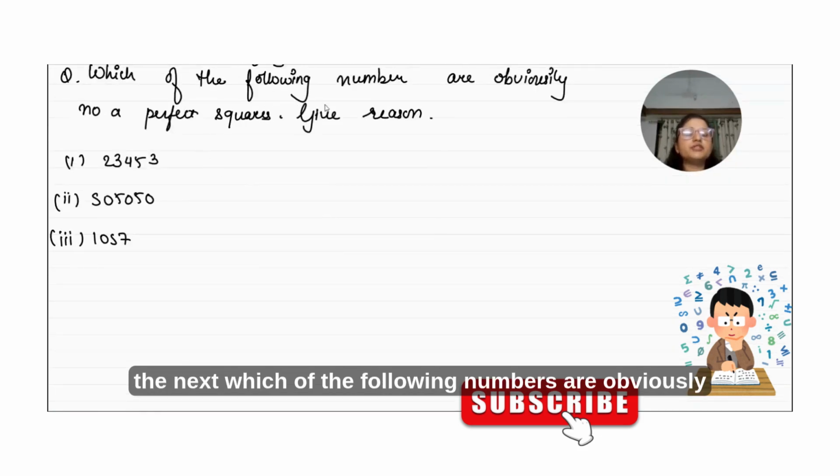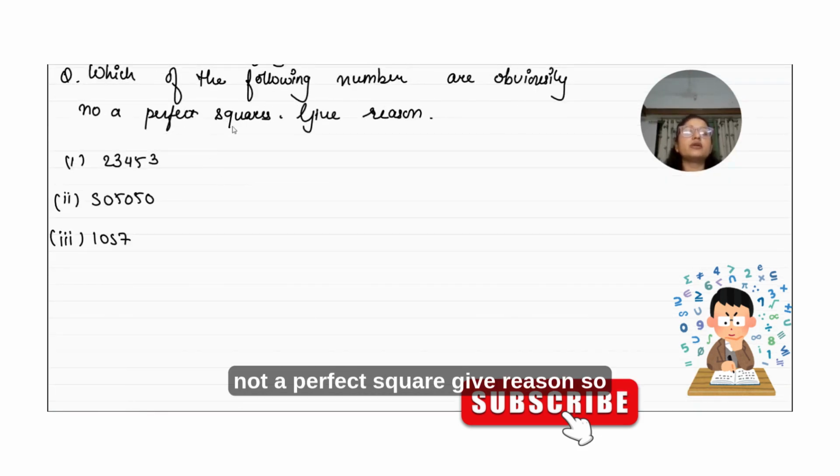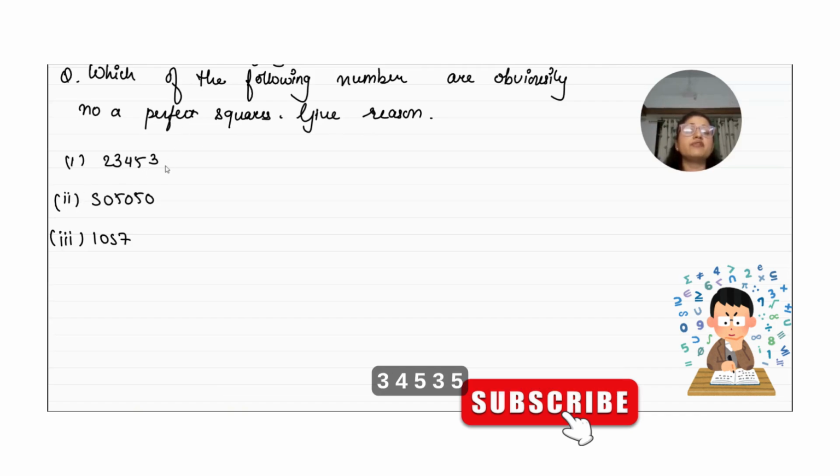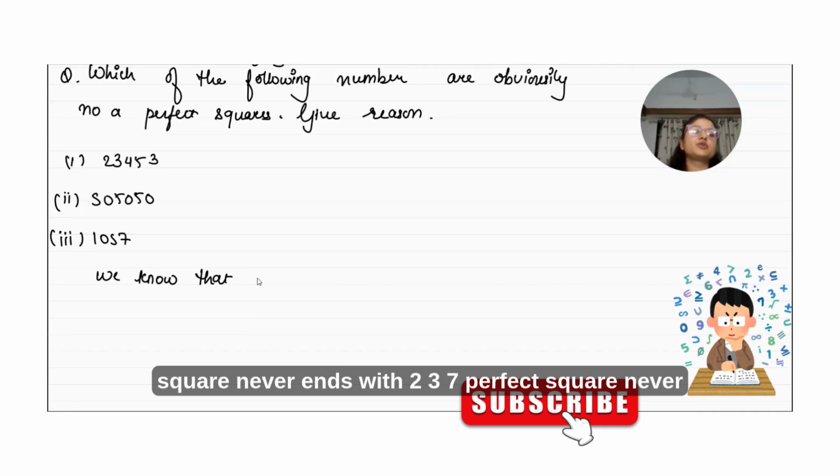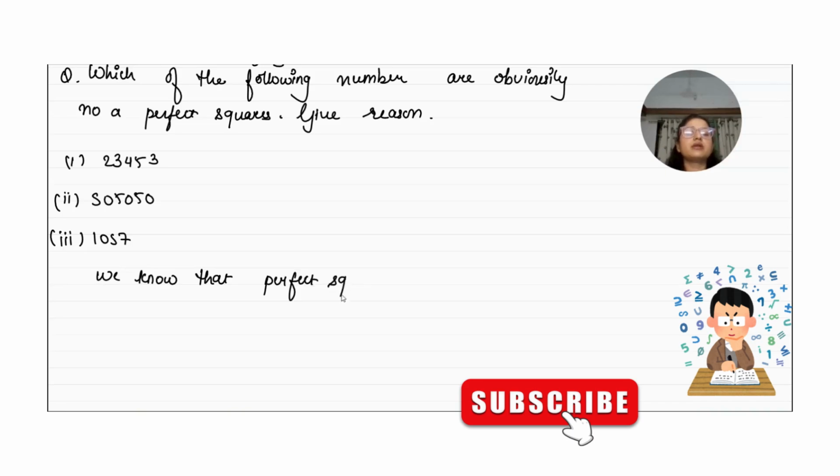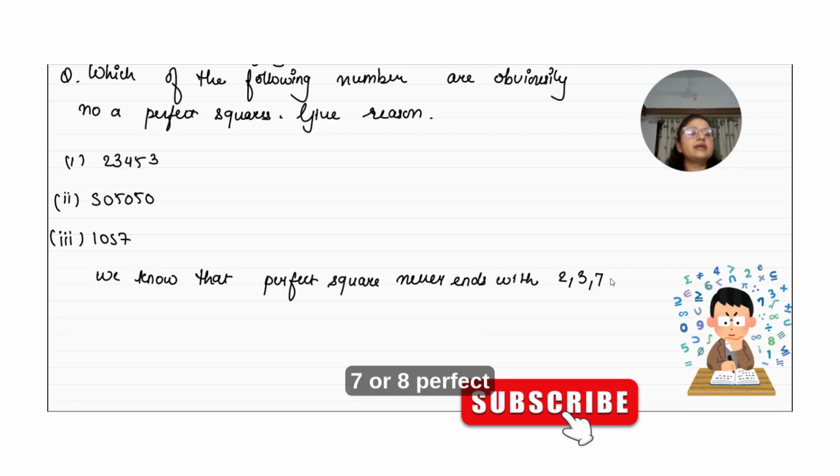Now the next: which of the following numbers are obviously not a perfect square? Give reason. We have been given the numbers 24353, 505050, and 1057. We know that a perfect square never ends with 2, 3, 7 or 8.